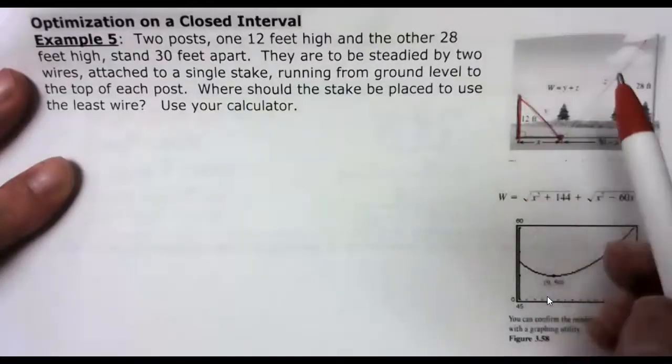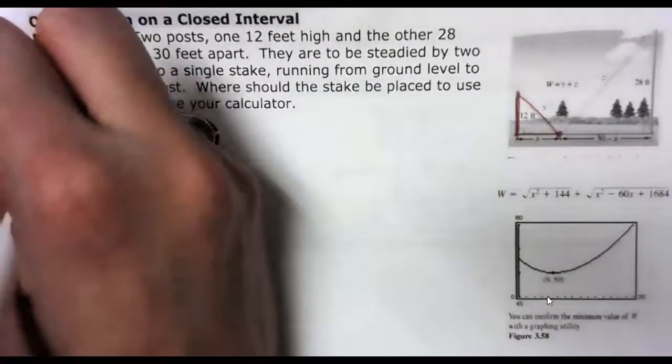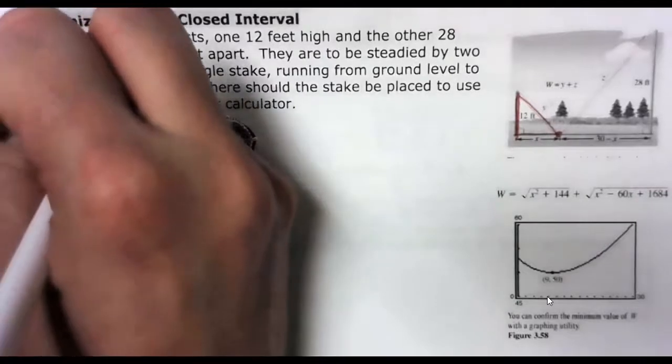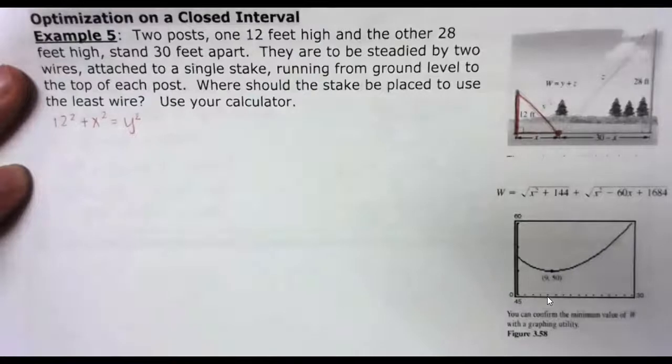So Pythagorean theorem would allow us to solve for Y. So you'd have 12 squared plus X squared equals Y squared. So that would help us see triangle number 1.